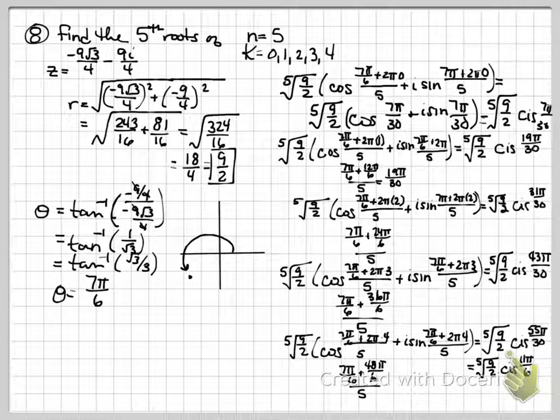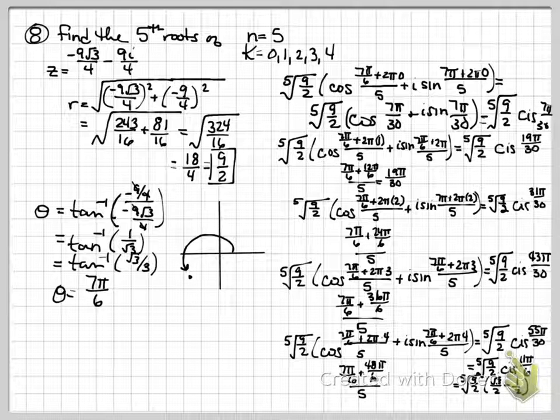Uh-oh, that one's on our unit circle, so we can actually simplify it a little more. We're going to have to do the cosine and the sine of this. So the cosine of 11 pi over 6 is root 3 over 2, and the sine of 11 pi over 6 is negative 1/2.